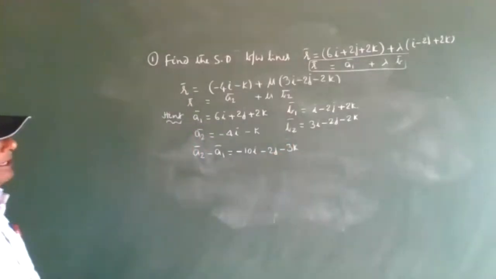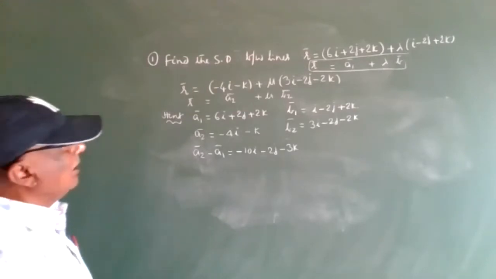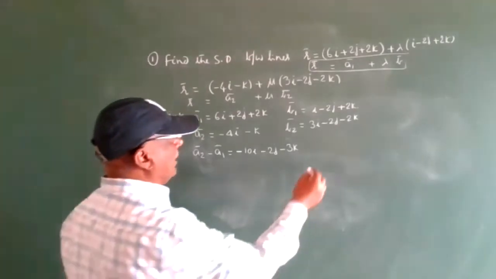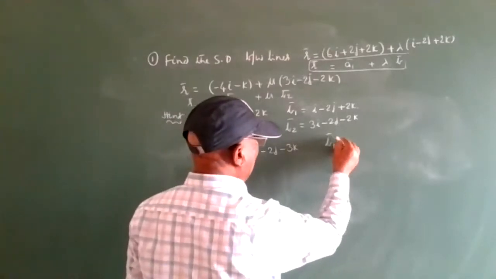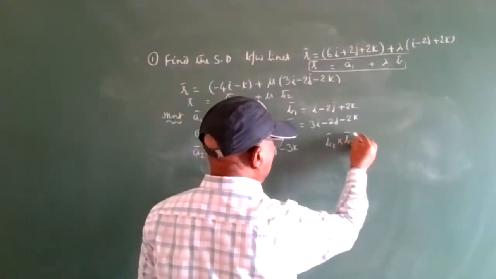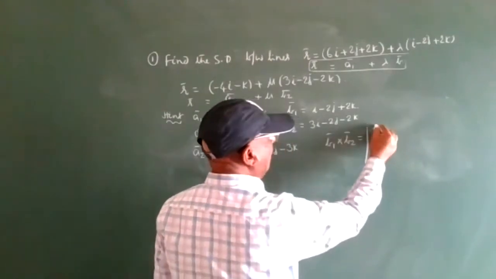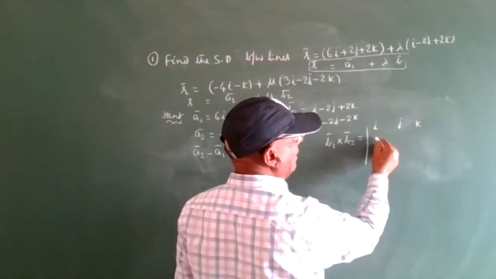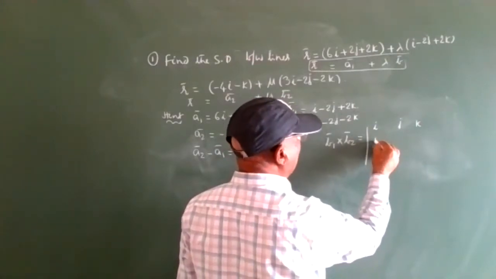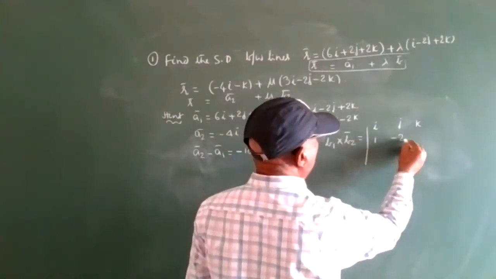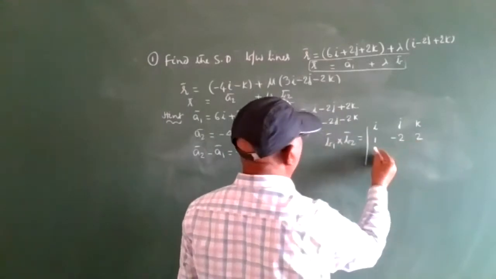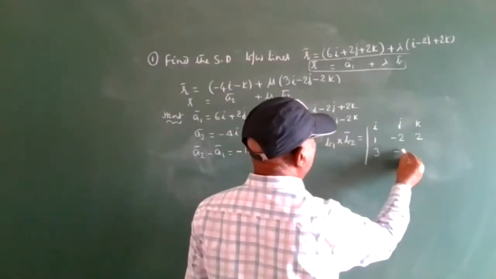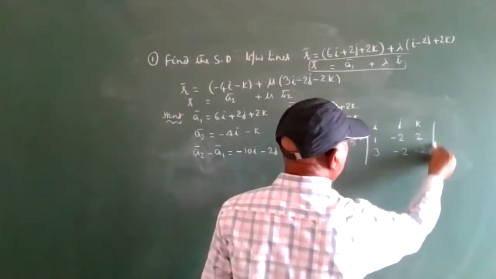Minus 4i minus 6i is minus 10i, minus 2j, minus k minus 2k, minus 3k. Next, B1 bar cross B2 bar is the determinant of i, j, k. B1 components: i component 1, j component minus 2, k component 2, and B2: 3, minus 2, minus 2.